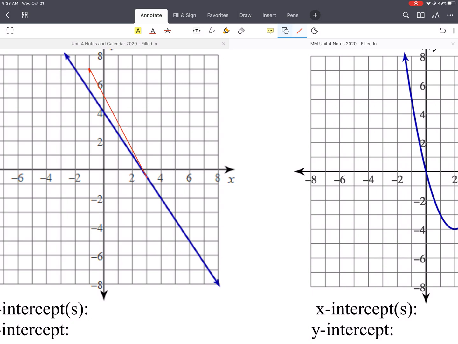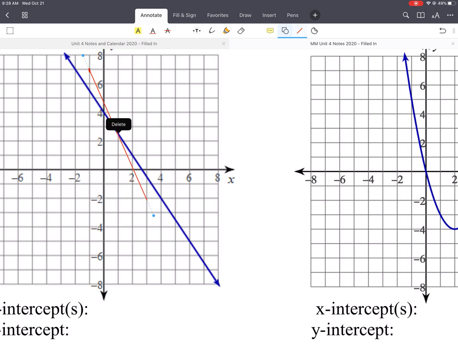Let's put a point here, and we'll put a point there, and I'll put it right here.